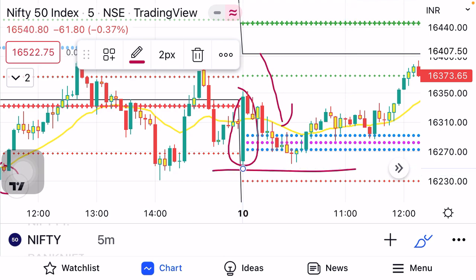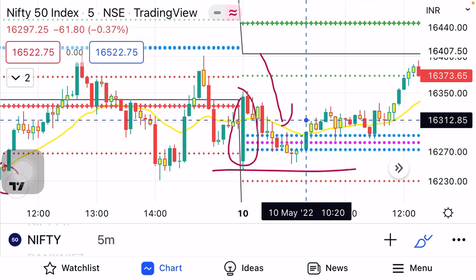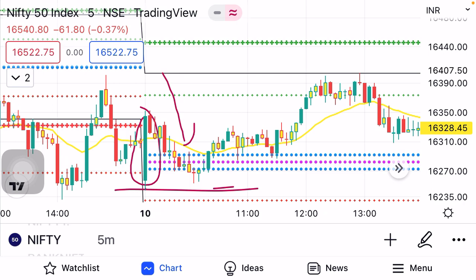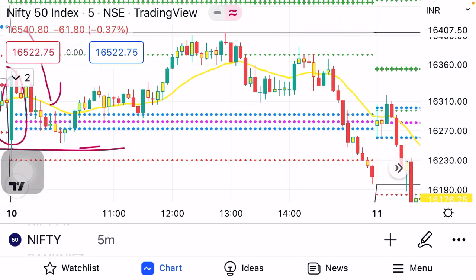So by taking a trade here at this point, you can go long and the target will be up to H3. Okay, and we'll move on to the next day.